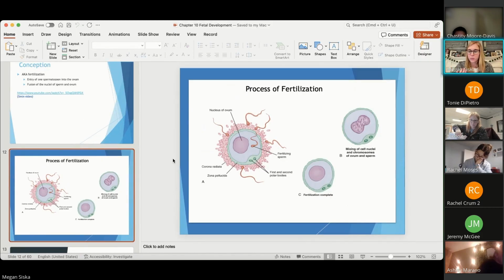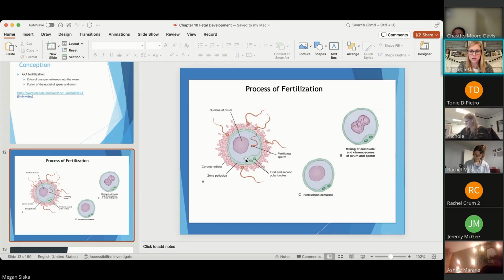Another picture from your book, describing that process of fertilization or conception. Here is the zona, what is that, pellucida? I don't know. That's the protective barrier around the egg. You can see here that once the sperm enters, immediately the chromosomes start to mix and the nuclei start to mix, and it now becomes one. Pretty cool. There are those little polar bodies I was talking about.